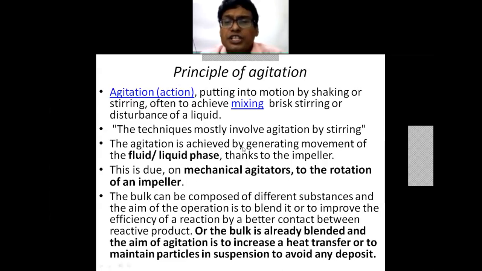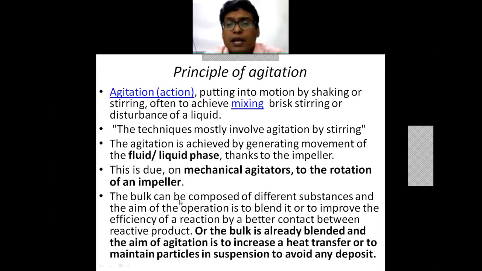Then agitation is achieved by generating movement of the fluid or liquid phases with the help of the impeller. So this is due to mechanical agitators, through rotation of an impeller.